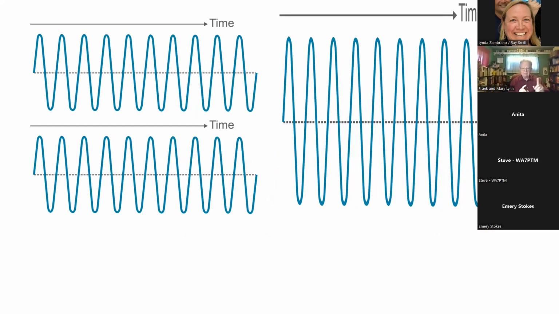And if they're in phase, you'll see that this peak and this peak and this peak and this peak, the peaks are all in phase, and so is everything else. If you combine those two, you get a big wave. This is when they are converging and they are basically joining together.